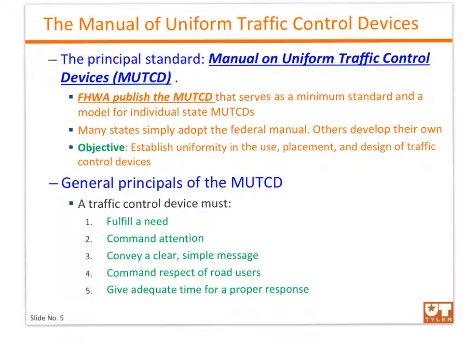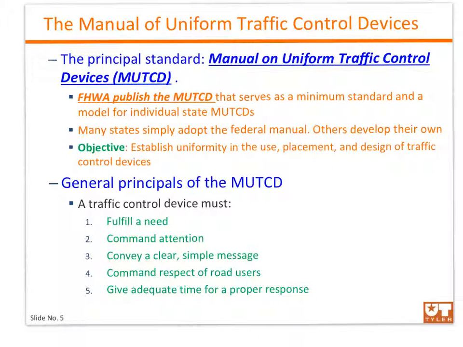Many states simply adopt this federal manual, while others develop their own, but again, they need to make sure that they are implementing the federal standards as well as adding their own local standards.